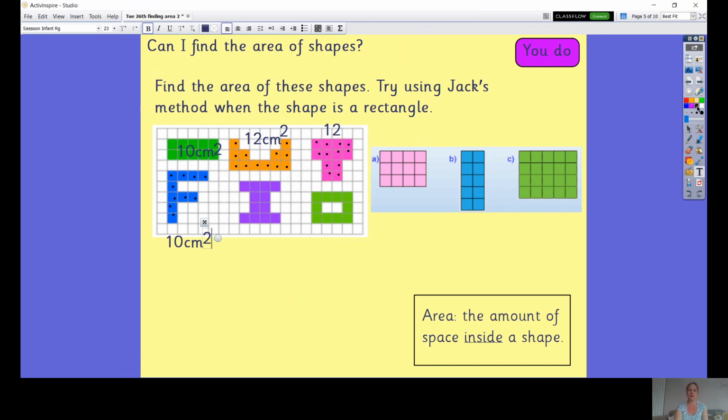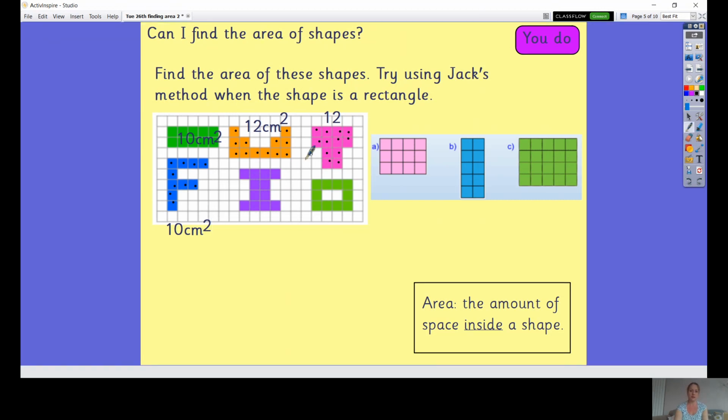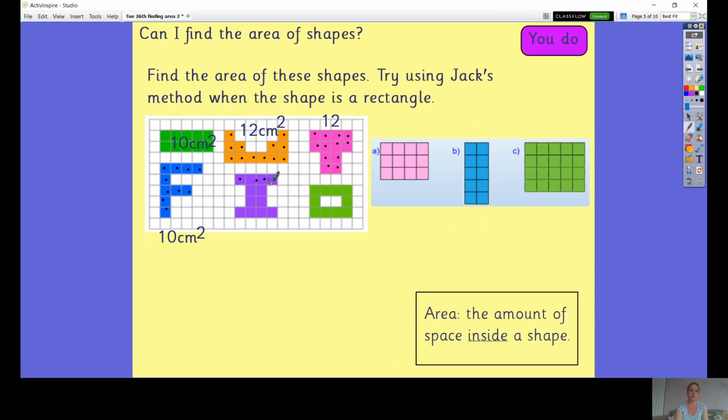And then 1, 2, 3, oh, that dot's in the middle, 4, 5, 6, 7, 8, 9, 10, 11, 12.